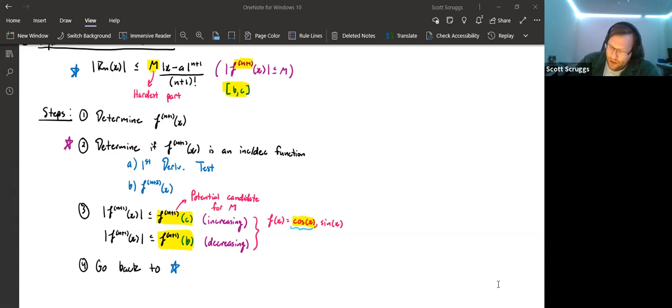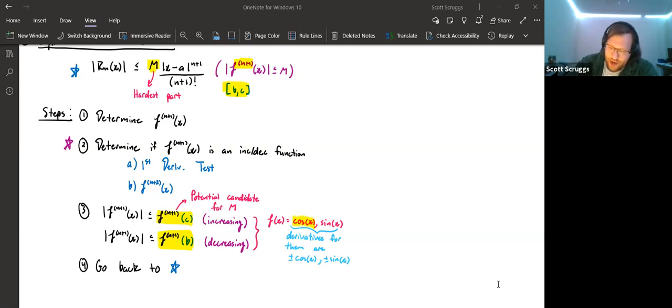So I'll emphasize that the derivatives for them are either plus or minus cosine, plus or minus sine. And the reason why I'm emphasizing that is because it makes the n+1 derivative a little bit smoother to calculate.